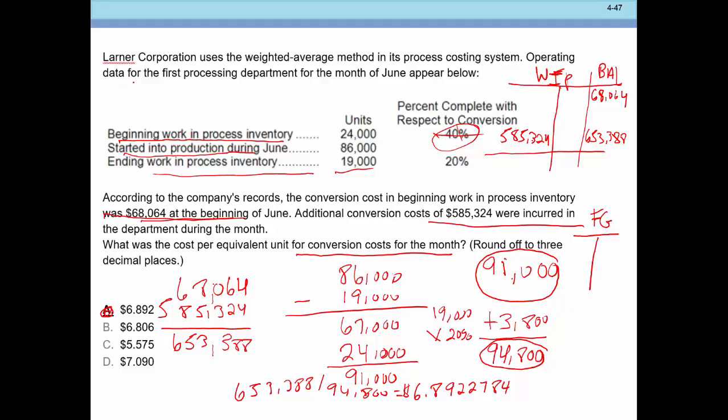I'll do it up here. 91,000 times 6.8922784, and that gives me what? 627,197, and I got 33 cents.